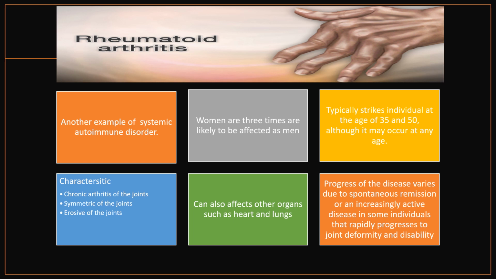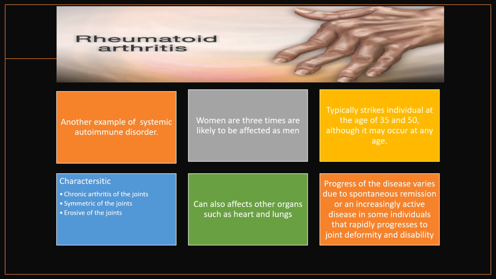Well, another example of a systemic autoimmune disorder is rheumatoid arthritis, or the RA. It affects approximately 1% of the population in the Western world. Women are 3 times as likely to be affected as men, and typically it strikes individuals between the ages of 35 and 50, although it may occur at any age.